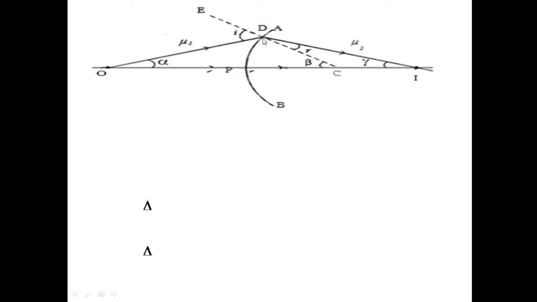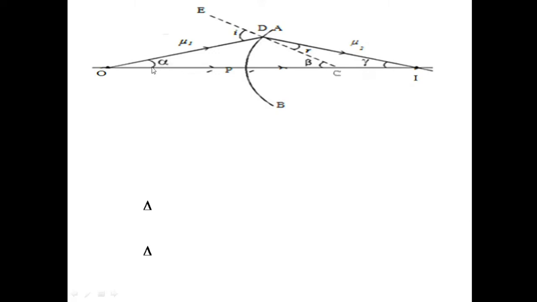After refraction it bends towards the normal and meets at point I. DI and PI are the two refracted rays, and they meet at point I. So I is the real image of this point object O. i is the angle of incidence and r is the angle of refraction. Let i and r be small.